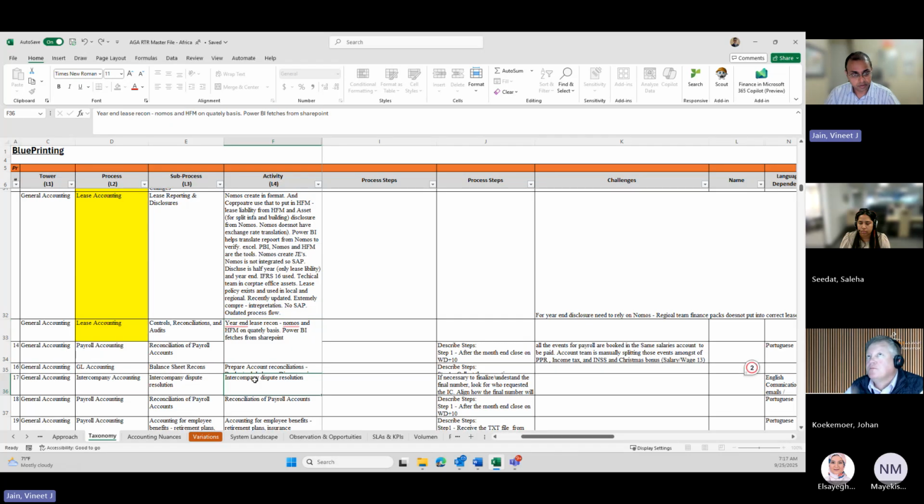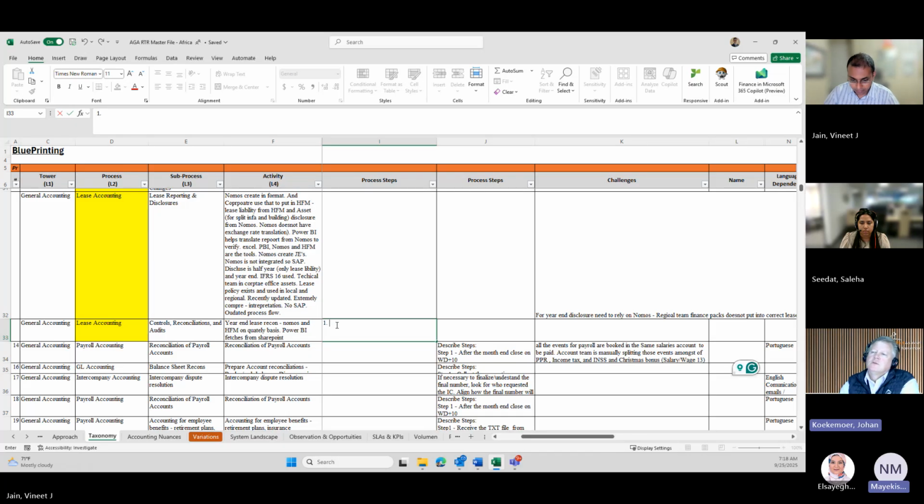Okay, this is a very good point. Can you help me write the steps of this? It is very interesting that Power BI is linked to SharePoint. So the first step is you download the information from HFM. My understanding is that they've created a template where Power BI reads off of.